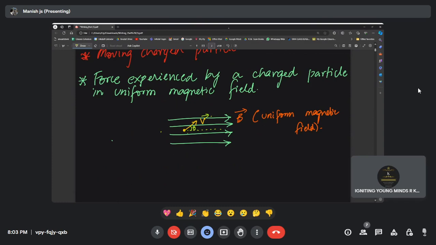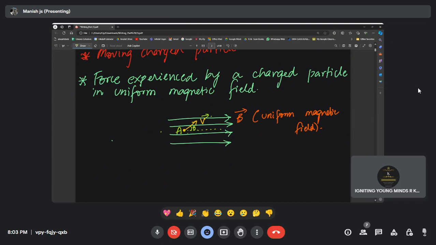Let me name this charged particle A. It is moving with velocity v, and it's making an angle of theta with the uniform magnetic field. Then we try to understand what is the force experienced by this particular particle.